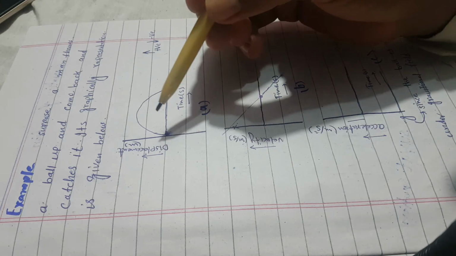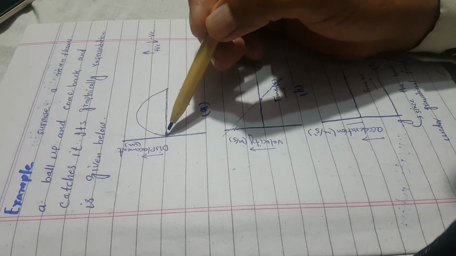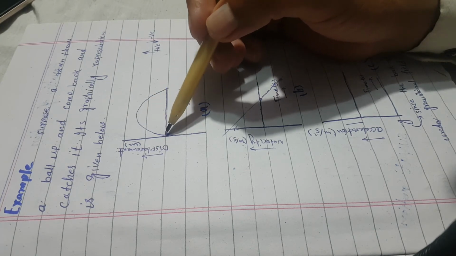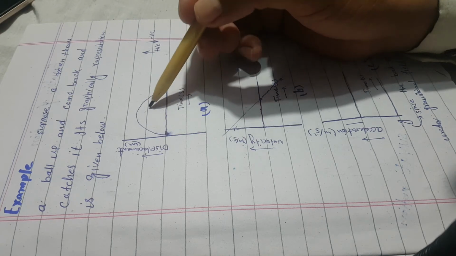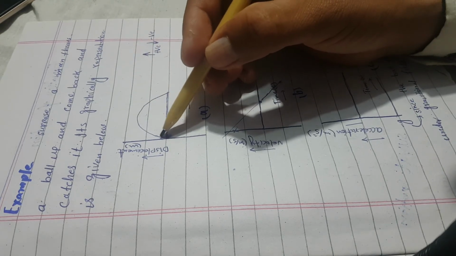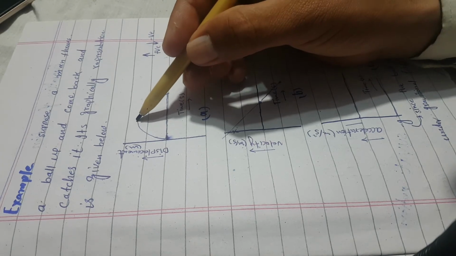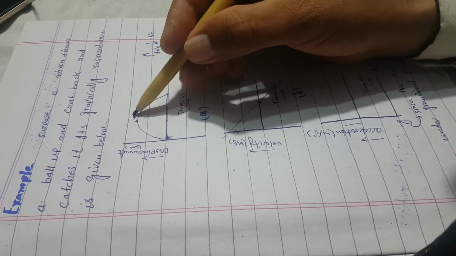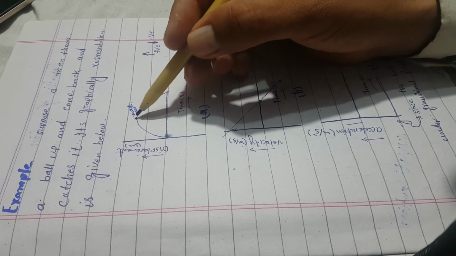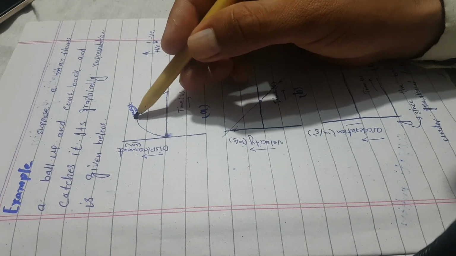First we will discuss the distance time graph, which gives us the velocity. From the graph we can say that the velocity is continuously changing, and it is maximum at the start, then decreasing from this point to this.